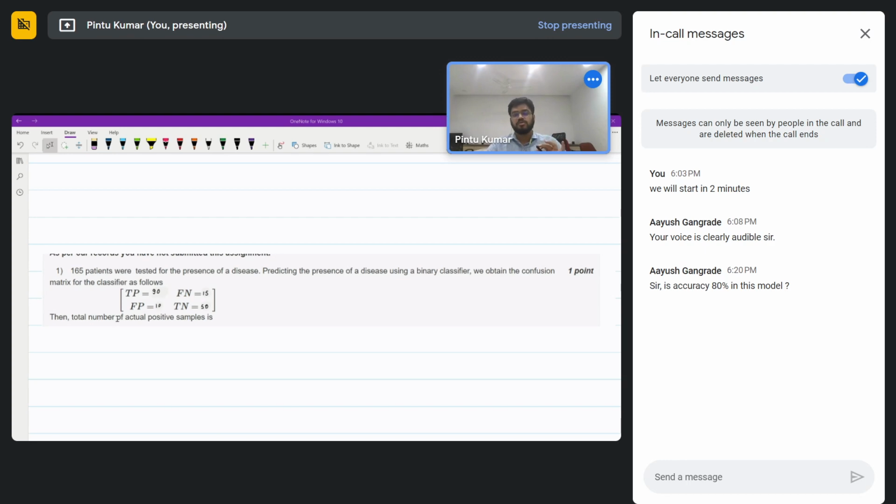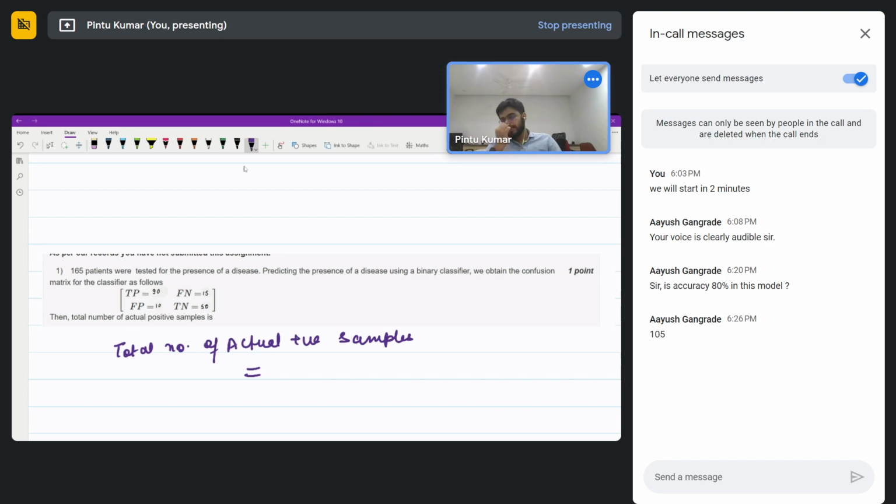So what is the total number of actual positive samples?